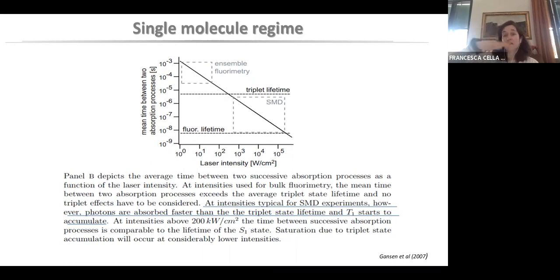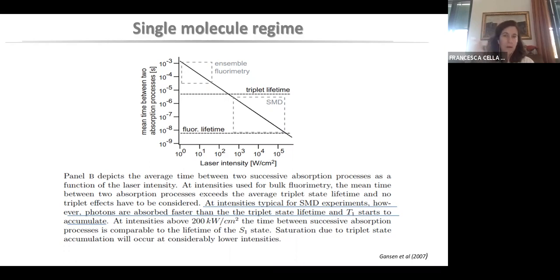But as you can see, there are the fluorescence lifetime and the triplet lifetime. If you think about the Jablonski diagram, your molecules can move to the triplet state. It's a non-allowed transition, but it can happen if you increase the laser intensity. So the region where you can perform single molecule detection is the region between the fluorophore lifetime and the triplet lifetime. And this actually corresponds to high laser intensities.